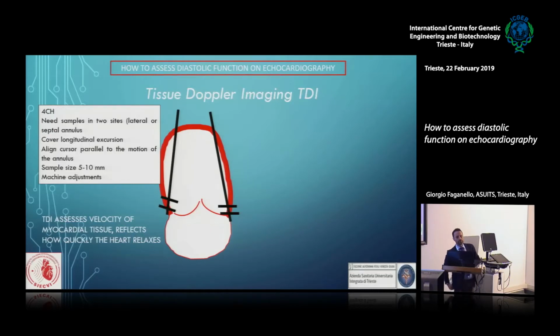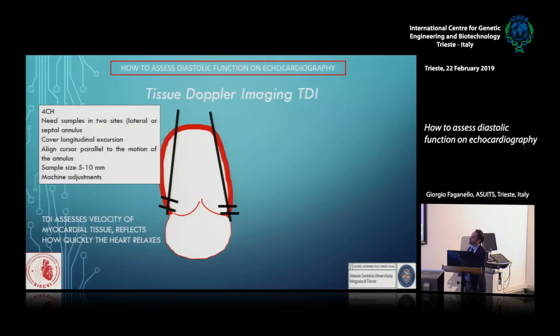What we use again is tissue Doppler imaging. Tissue Doppler imaging studies the movement of the muscle. The muscle is not a flow, it's not a blood flow, it's a movement of the muscle inside the wall.